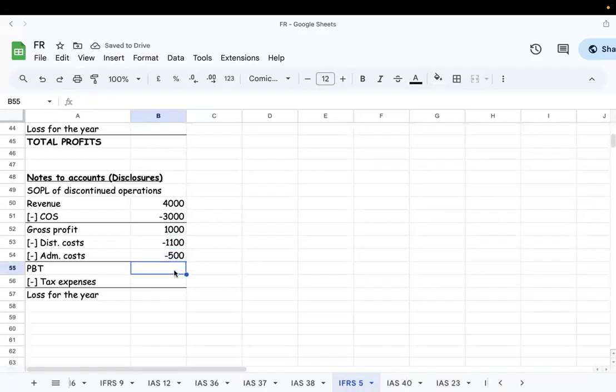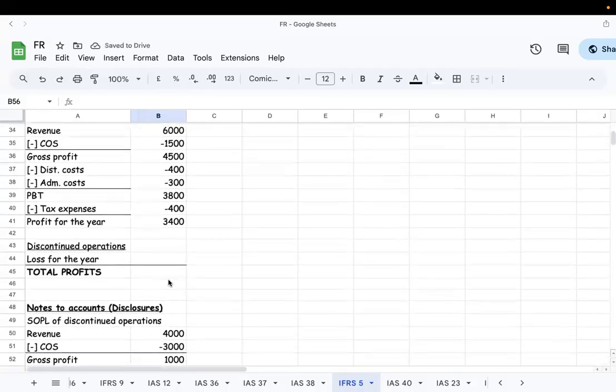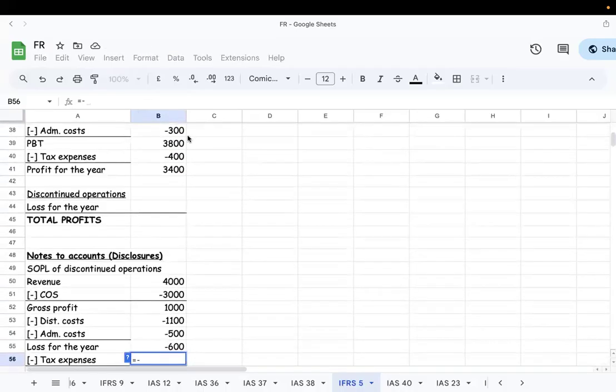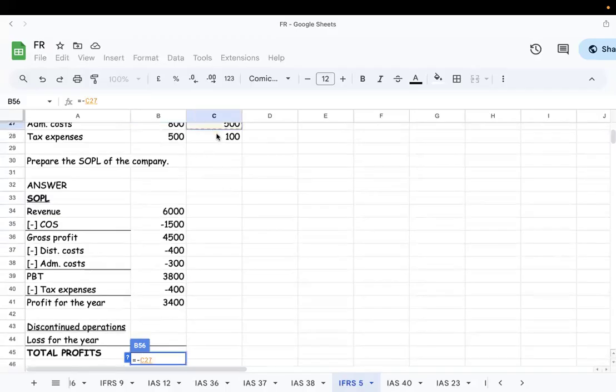And then you get minus 600. It's not PBT, it's loss, right? And the tax expense could also be reduced, that is minus of this one.